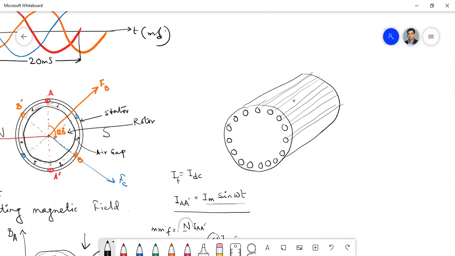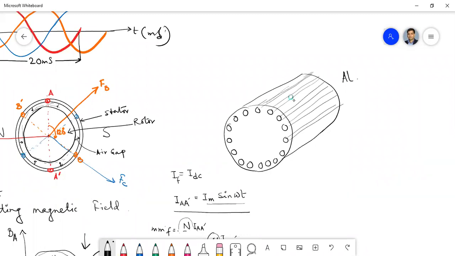Now this conductor, in most of the machines, is made up of aluminium, not copper. So that is the difference from any other electrical motors. Here for the three-phase induction motor, we can use aluminium. We can also use copper, but in most of the cases, it uses aluminium.